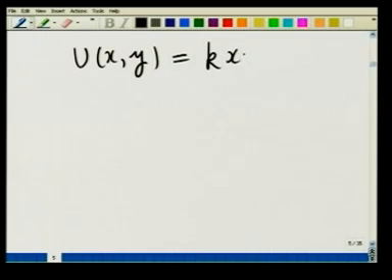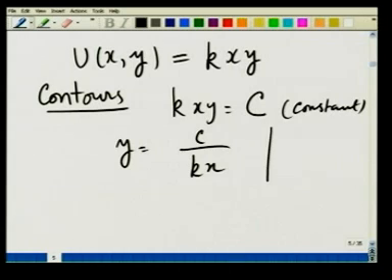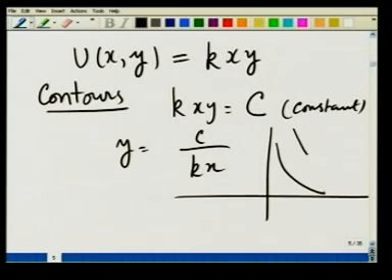As another example, just a cooked up example, let me take U(x, y) to be equal to some constant k times xy. If I am looking at contours, curves over which U is a constant, I should have k x y equal to c, a constant, and therefore y equals c over kx, which are nothing but different hyperbolas depending on the value of c. So these are the contours for this particular function.